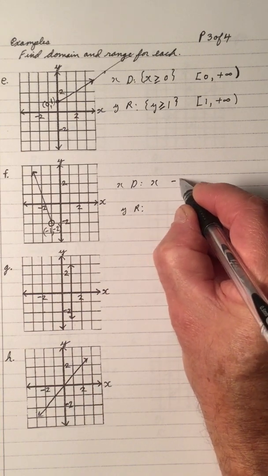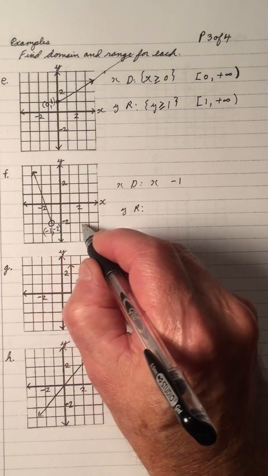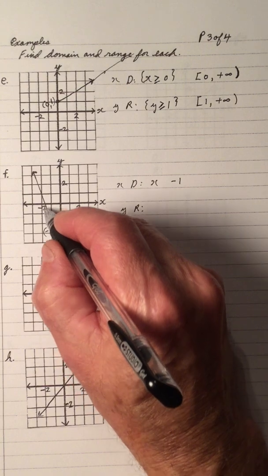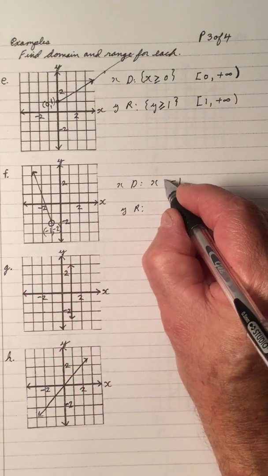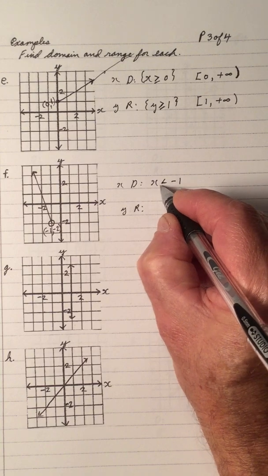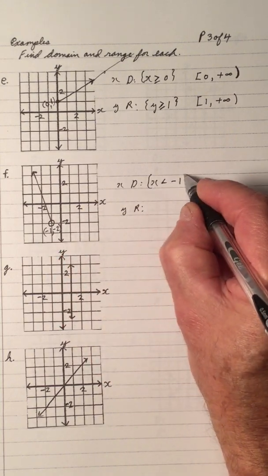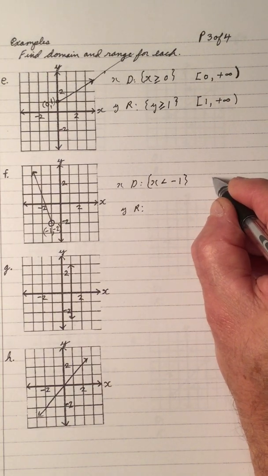So it starts at -1, and if it went to the right, it would be greater. If it went to the left, it is less. As we go, the x values are getting -2, -3, etc. So it's less. And there's no bar here because that's a hollow dot, it is not included. And the interval notation for that is -1.